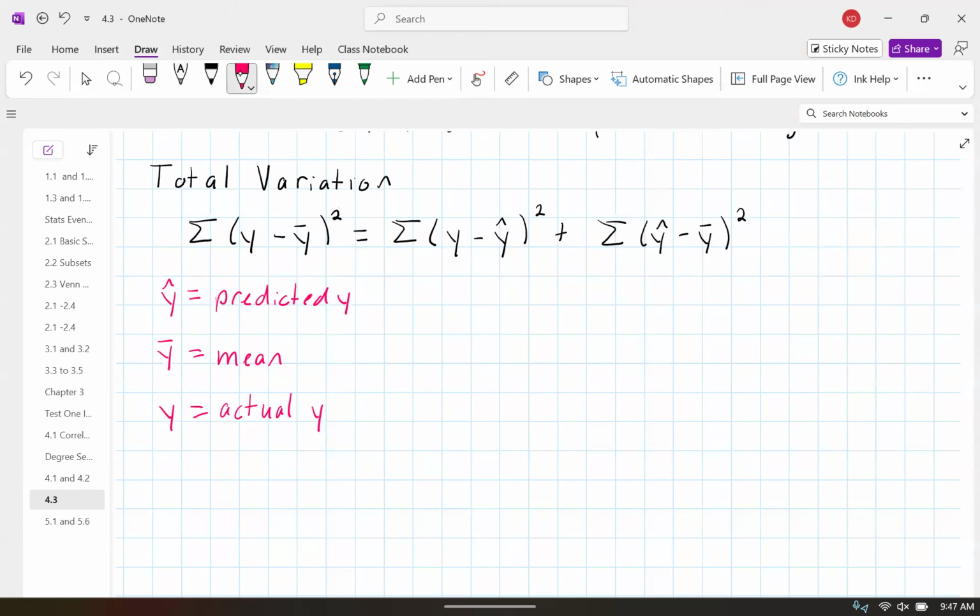So our y hat is what we predicted based on our model. Our y bar is just the mean, as always. And the y is just the actual y value that we measured from our original data. So three ways to say similar things, but they are kind of different. This piece here is our unexplained variation.